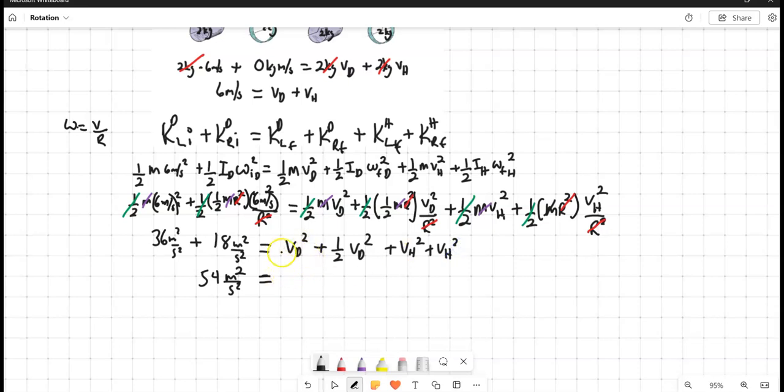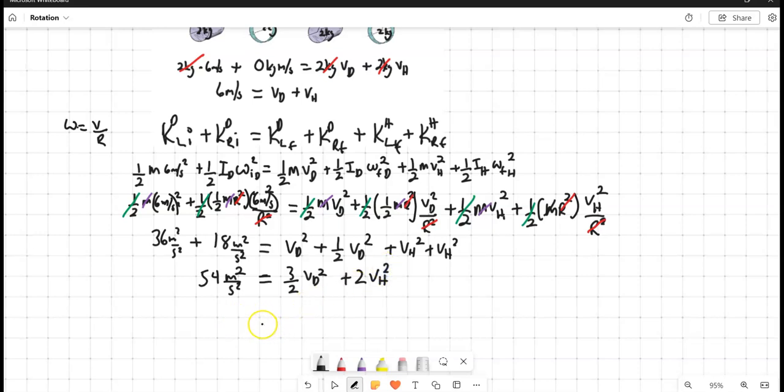So this is going to be 3/2 VD squared when you put these two together, plus 2 VH squared.